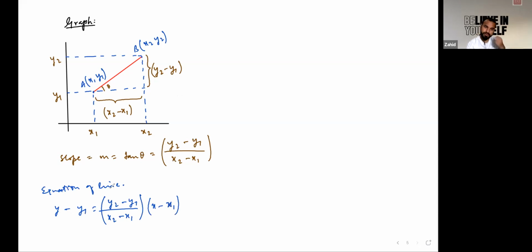But this particular equation is only for a straight line. How will this change for any curved line? Let's say you have a curve from this point to this point.